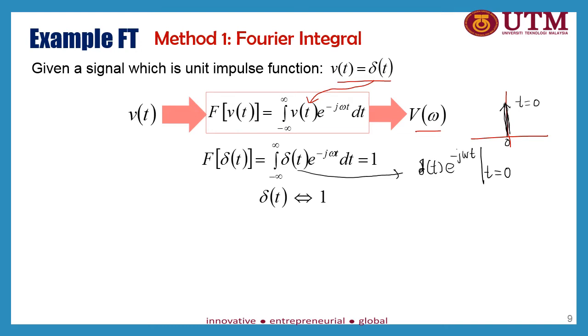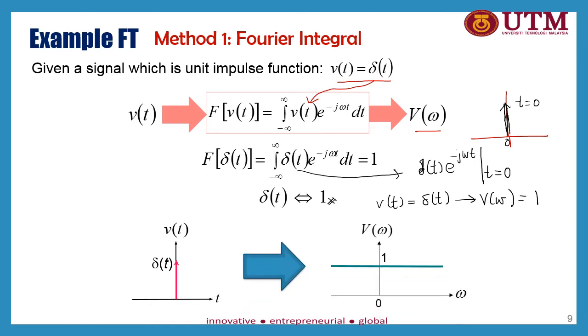So when you perform this integration, the output is 1. In this case, when you have a signal v(t) equal to delta(t), your V(omega) equals 1. So this is the impulse delta(t) in the time domain, and the spectrum appears as lines with constant 1.